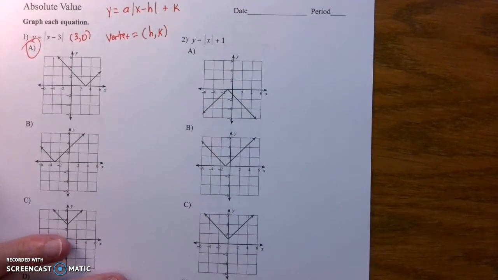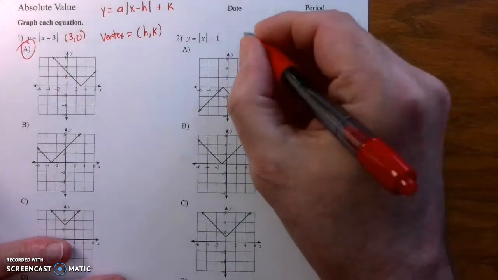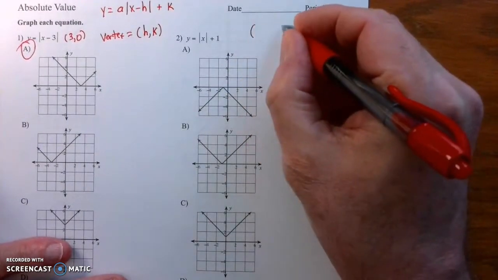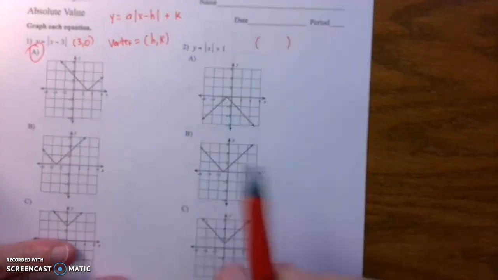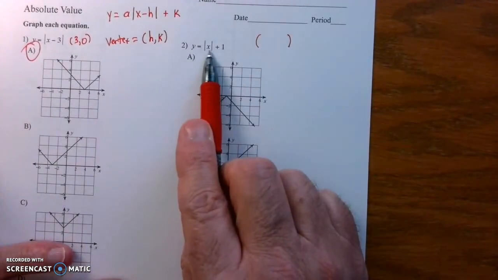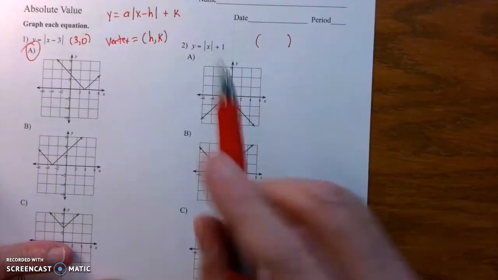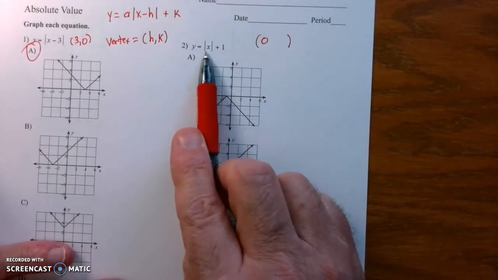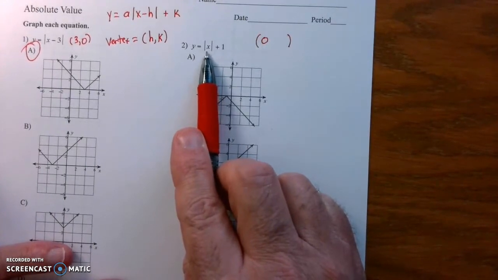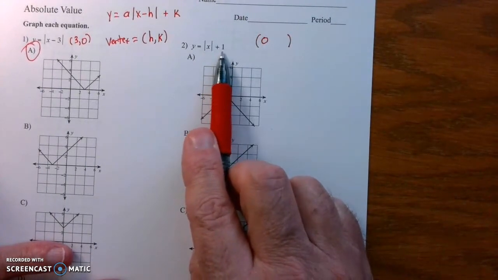All right. Again, I'm trying to find out what HK is. Inside here, there's nothing. The H is 0. The X is just by itself inside the absolute value symbol. But outside, it says plus 1.